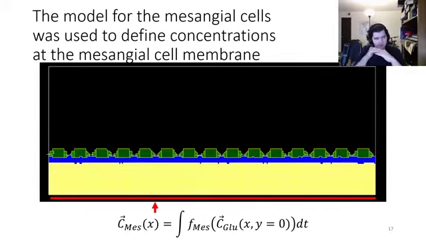And what we did was, for each pixel along the bottom of our simulation, we instantiated a copy of this mesangial cell model 255 times. Each individual copy is associated with a face along the bottom, and we fed that model the glucose concentration at the pixel right above it.